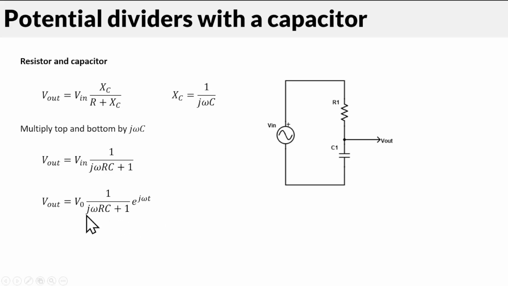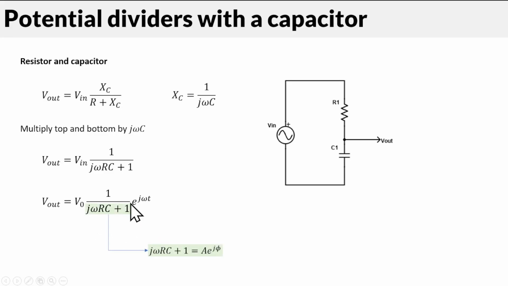If I look at the denominator of this fraction, this is a complex number. We've got 1, which is our real part. Omega, R, and C are all real numbers, so this is multiplied by the j, which is the imaginary part of this complex number.